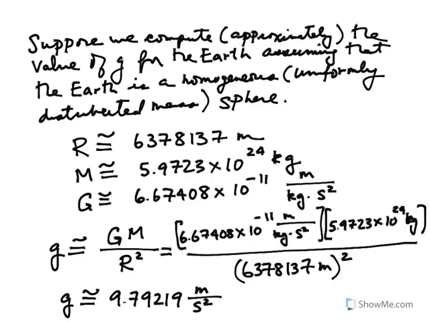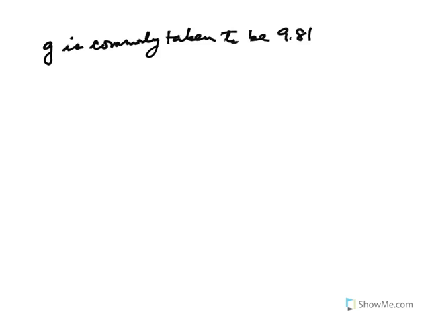Now, you may actually recall that commonly what's used as the acceleration due to gravity, g, is commonly taken to be 9.81 meters per second squared. So using these approximations, which I pulled off of the web, we get pretty close to 9.81.